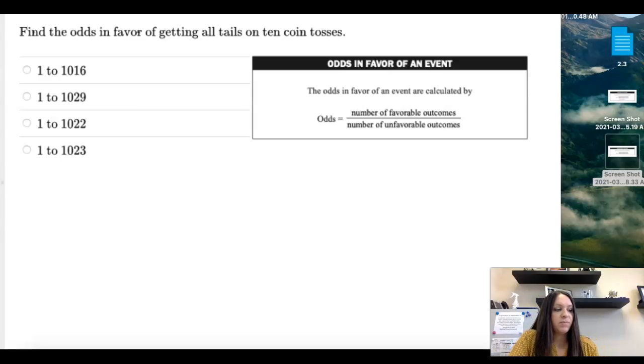But first, we need to figure out how many outcomes there are. We are flipping a coin 10 times. Think about flipping a coin: we have heads, we have tails. There's 2 options. So I'm going to use the counting principle. On my first toss, there's 2 options. On my second toss, 2 options. On my third toss, 2 options. And we're going to multiply these.